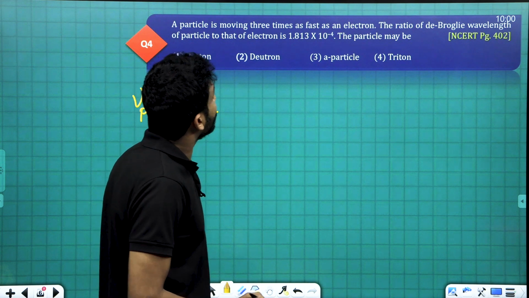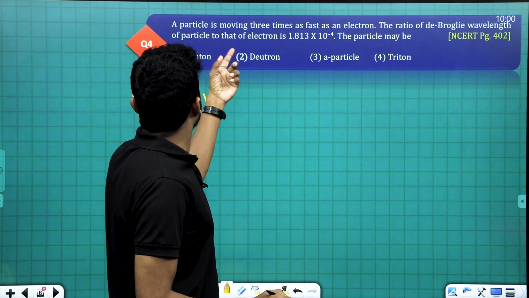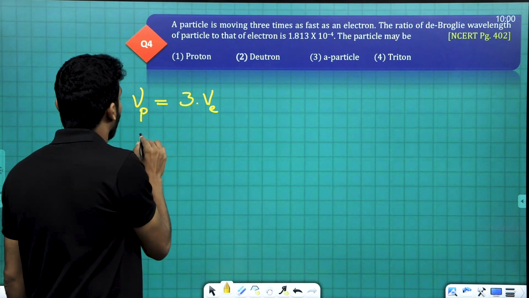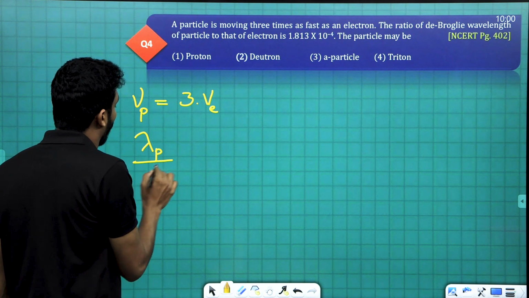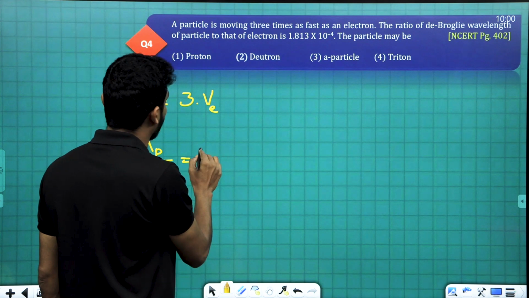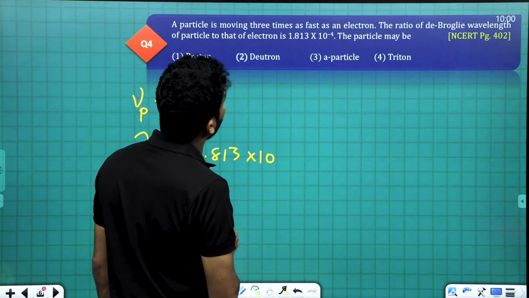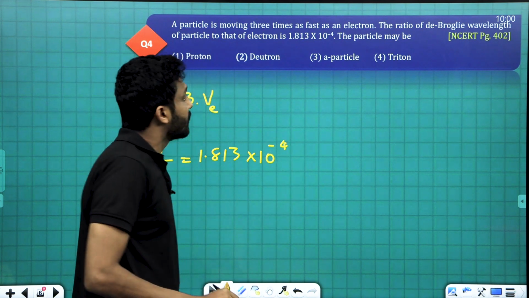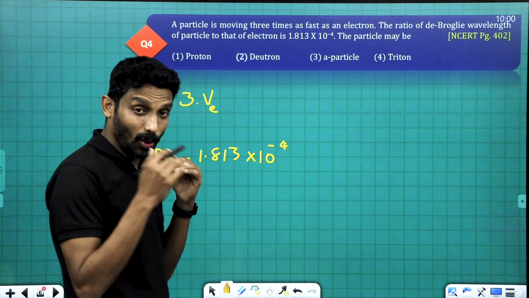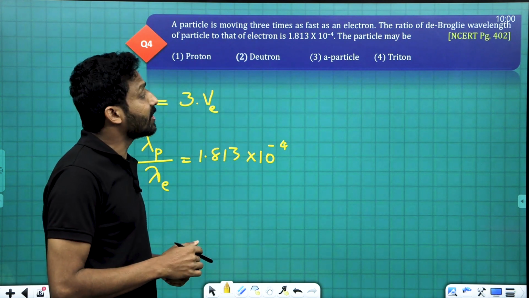Now, the ratio of the de Broglie wavelength of the particle to that of the electron, wavelength of the particle divided by wavelength of the electron, is 1.813 into 10 power minus 4. The particle may be dash. What is the particle? Proton, deuteron, alpha or tritium.